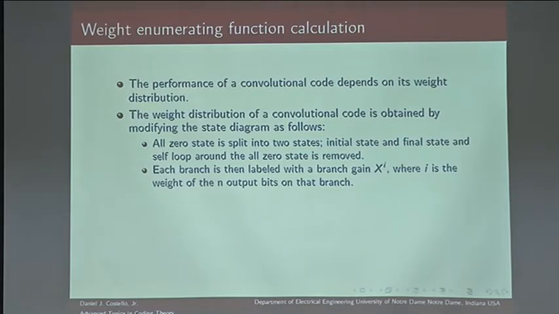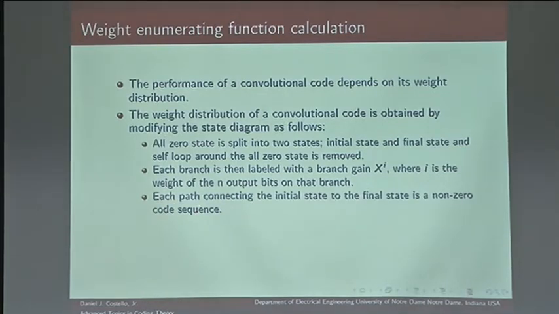Even in circuits, this was originally done, I think. So this branch gain, you just label X to the I, where I is the weight of the n output bits on that branch. So in a rate 1/2 code, we would label each branch either X to the 0, X to the 1, or X to the 2, depending on the weight on that branch.